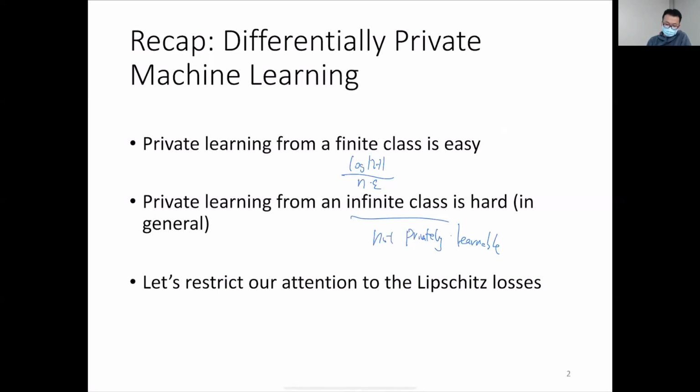Then we restricted our attention to loss functions that are Lipschitz, right? When the loss functions are Lipschitz, they change slowly with movements of the parameter, and then we're able to generalize from the finite hypothesis class to infinite classes.